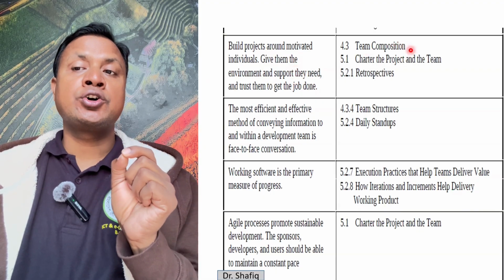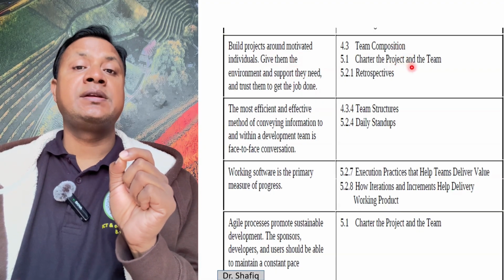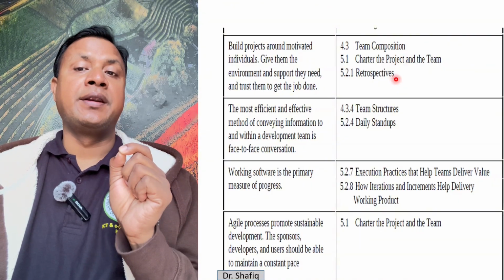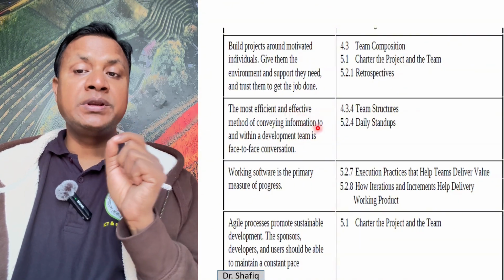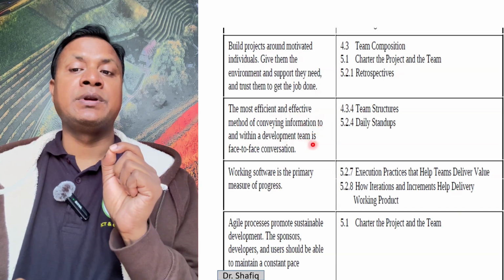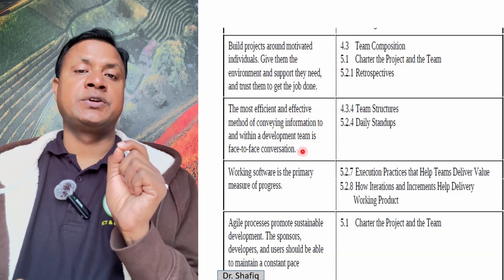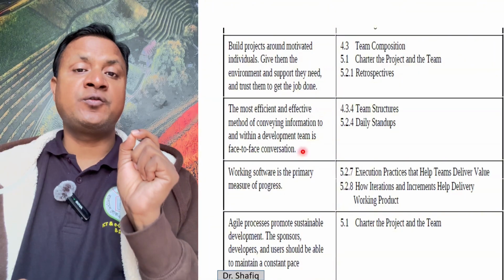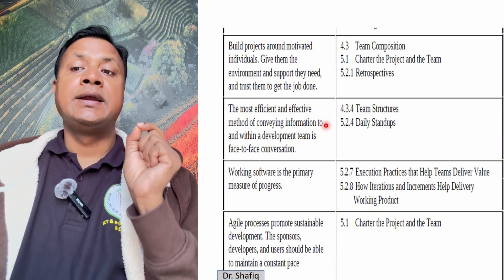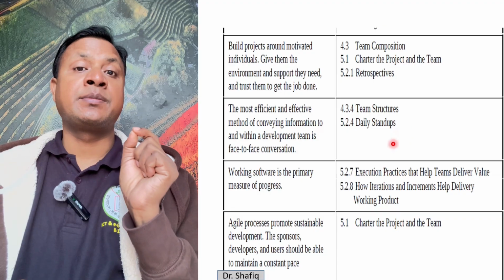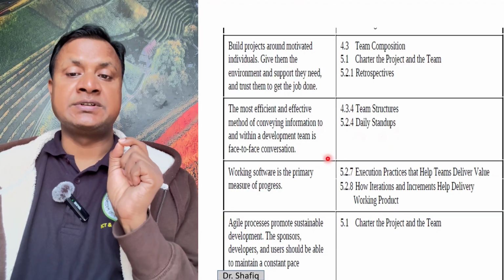So team composition and team charter are made, and retrospectives are done. The most efficient and effective method of conveying information to and within a development team is face-to-face conversation. So face-to-face communication is emphasized if possible, and team structures and daily stand-up meetings are emphasized here.